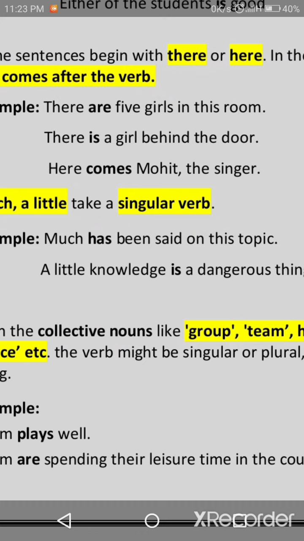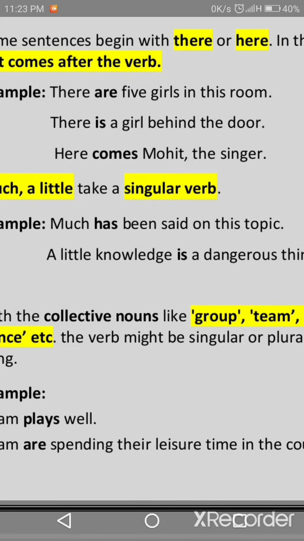Then according to the subject which comes later, after the verb, you have to use the verb. For example, there are 5 girls in this room. Now the word girls is coming after the verb are. So we will see what the subject of the sentence is when it begins with here or there.